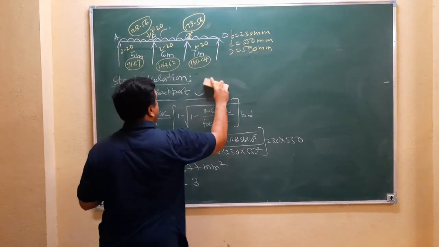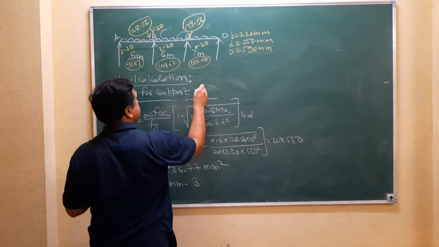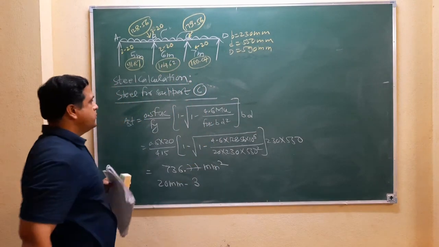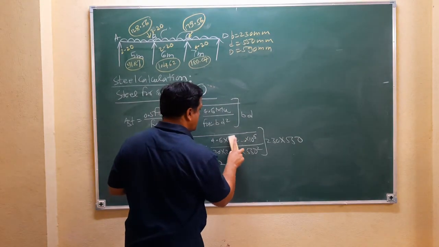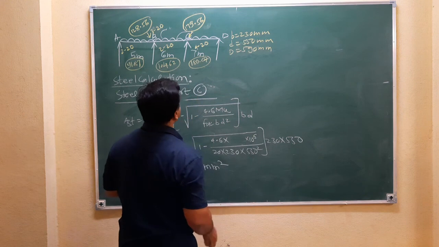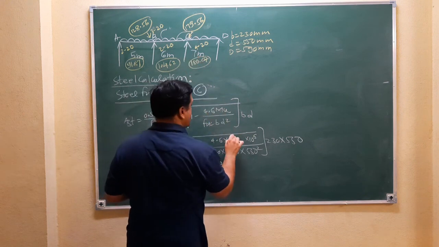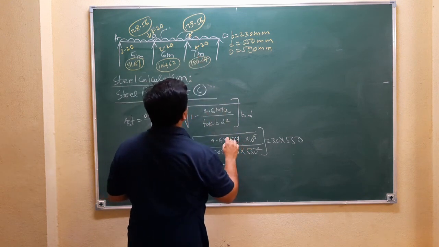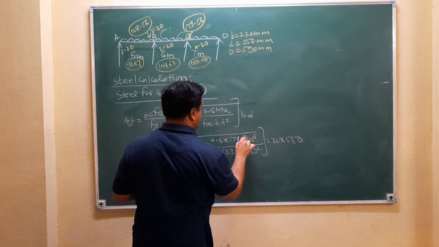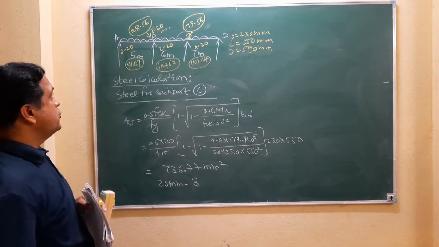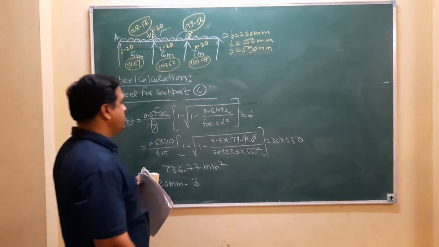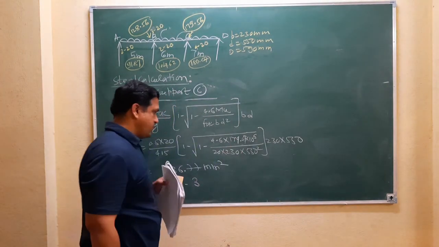Now steel for support C. Same formula. Only change the bending moment, which is 179.07.